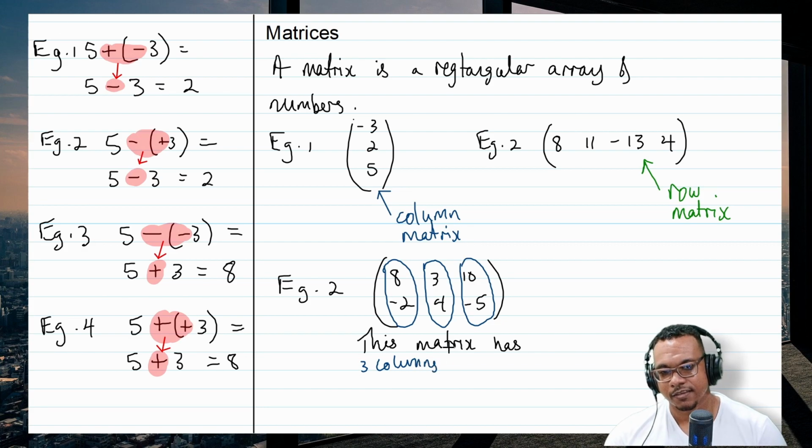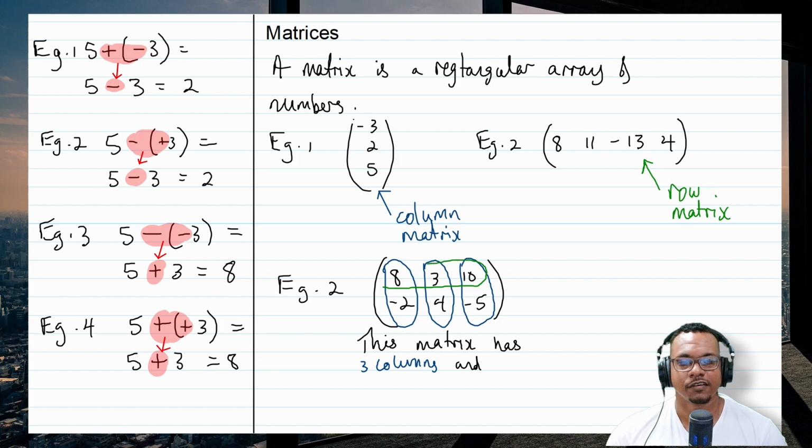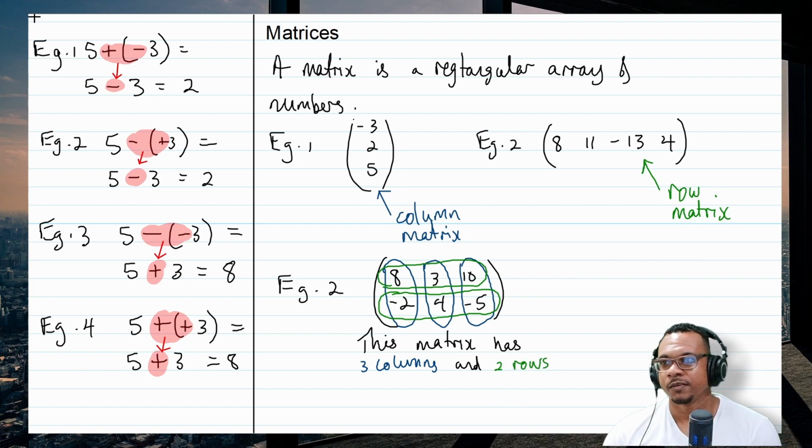And rows go across. Rows are horizontal. So 1, 2, 2 rows.